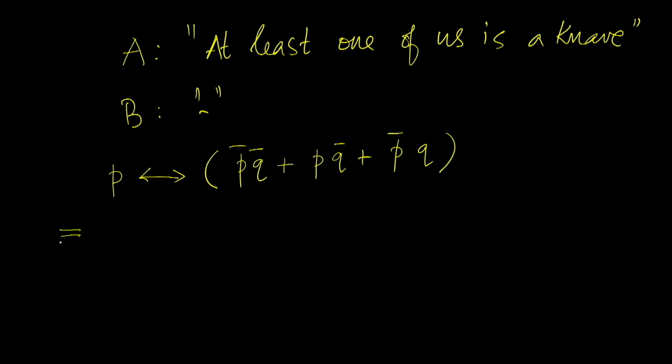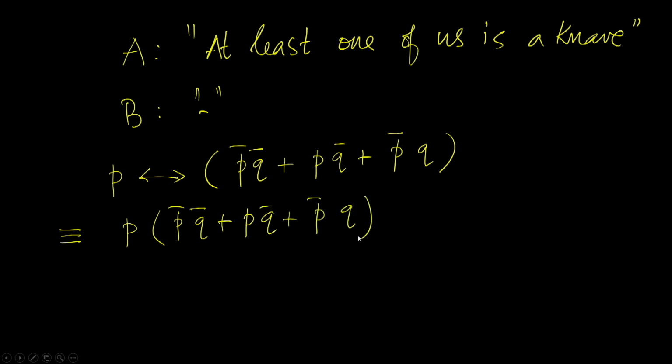Now, what does this mean? This is logically equivalent to saying that if P is true, then the quantity in the bracket is true, or if P is false, then this quantity in the bracket is false.